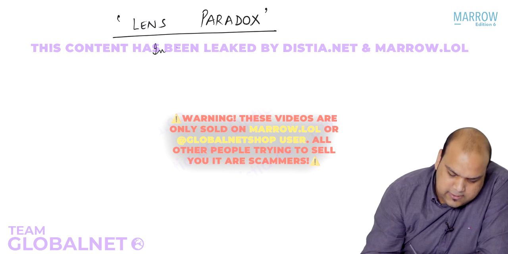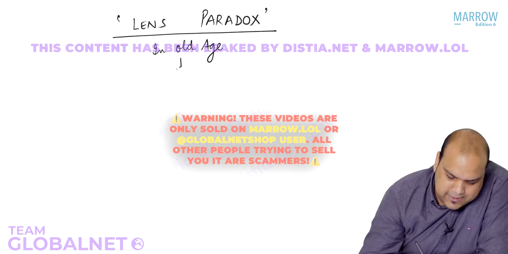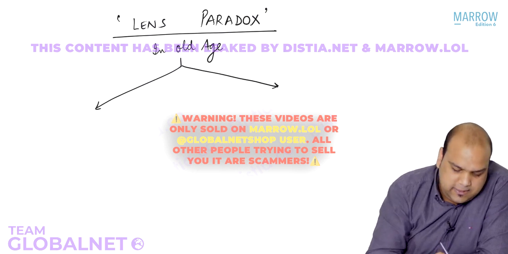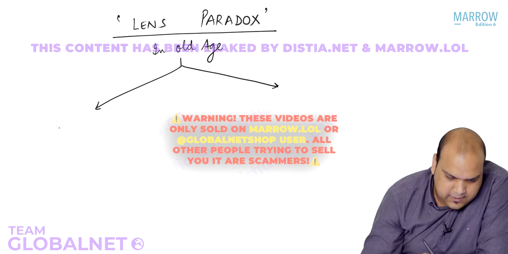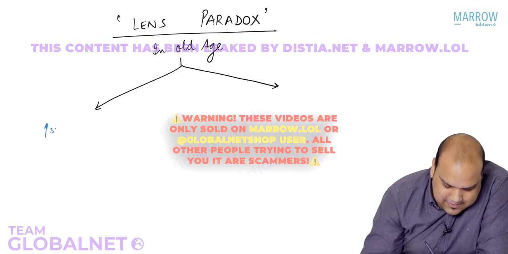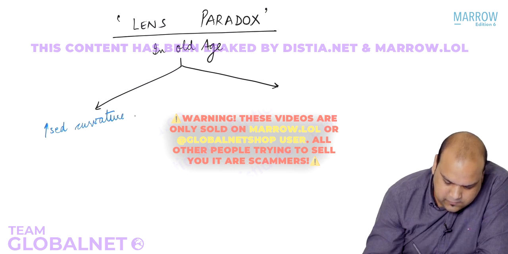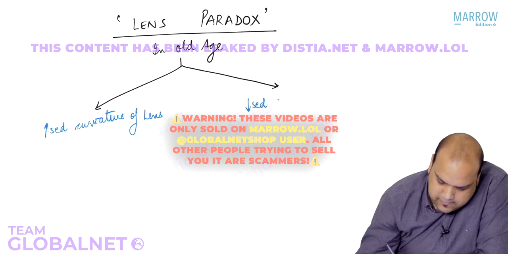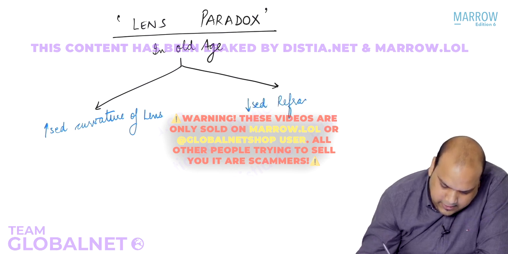That in old age or with increasing age, two processes occur in the lens. What are the two processes which occur, everybody? Number one, there is increased curvature of lens, and number two, there is decreased refractive index.